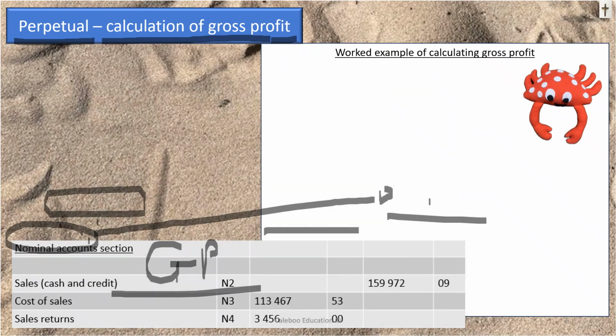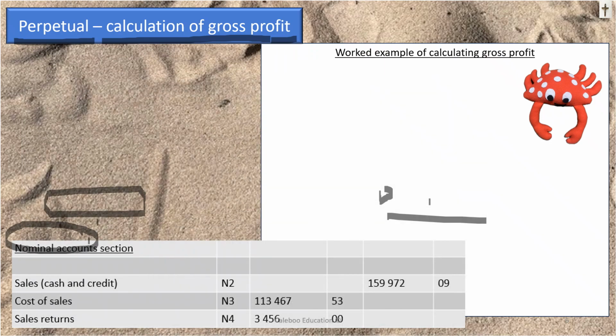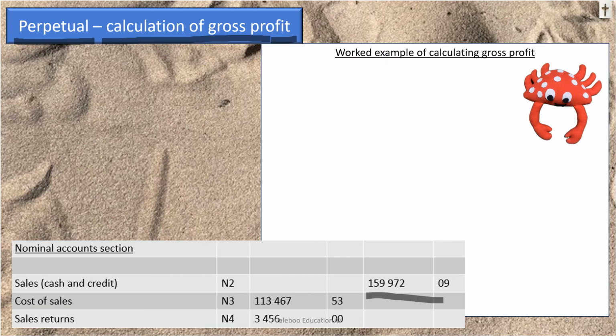Now what I've done is I've taken an extract from that trial balance I just showed you, and there's the sales figure, there's the cost of sales, there's the sales returns.